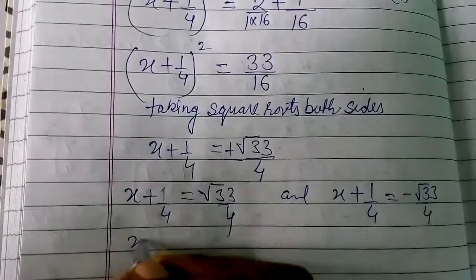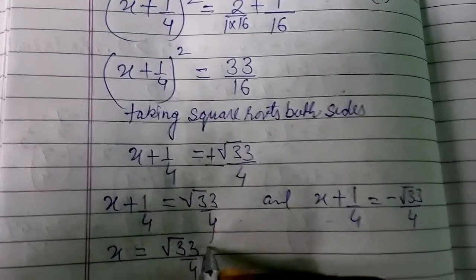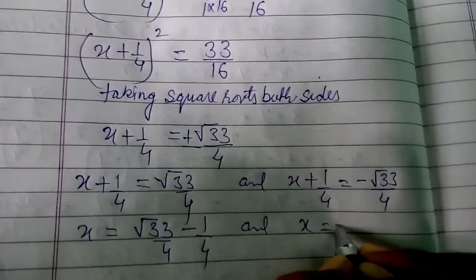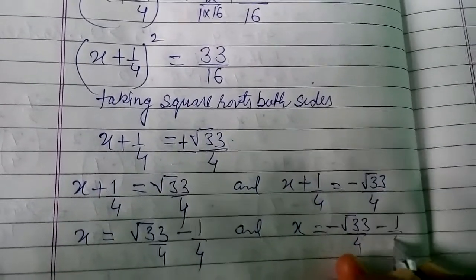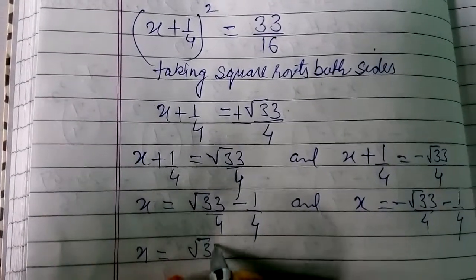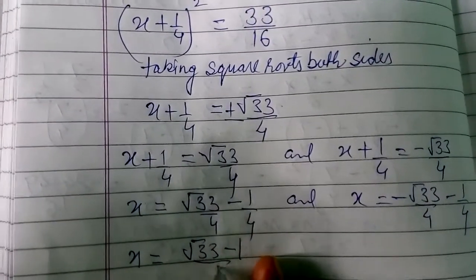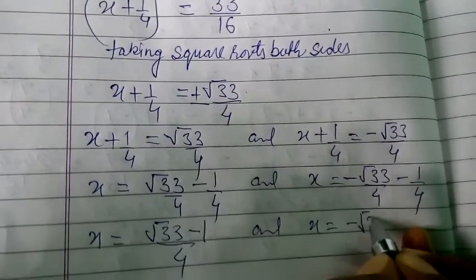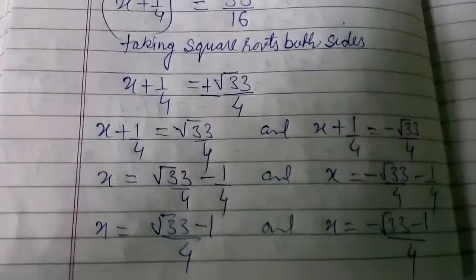Now x will be equal to root 33 by 4 minus 1 by 4, and x will be equal to minus root 33 by 4 minus 1 by 4, which can be written as x is equal to under root 33 minus 1 upon 4, and x is equal to minus under root 33 minus 1 upon 4. So I got the value of x.